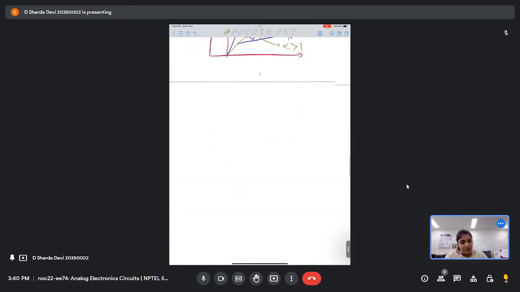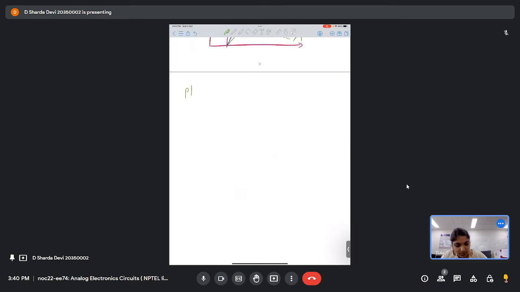Now when we talk about phase margin, it is minus 180 degrees plus the phase of the system.